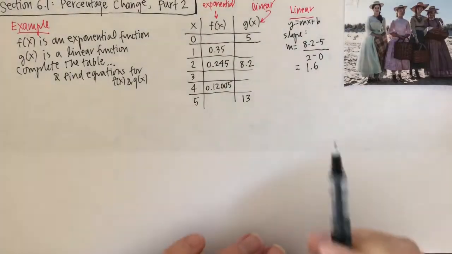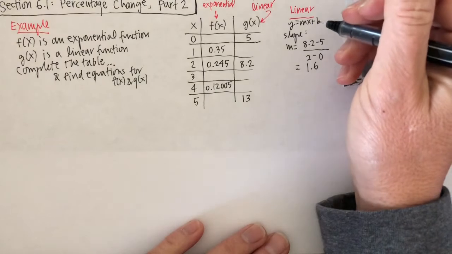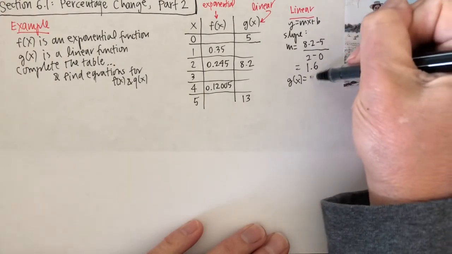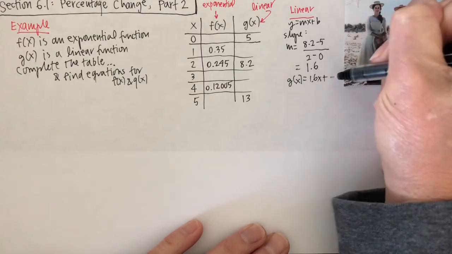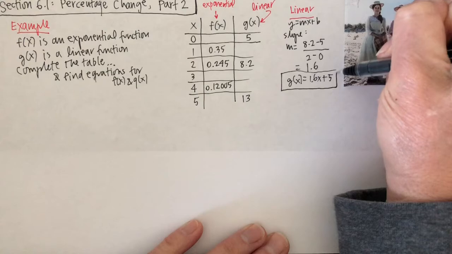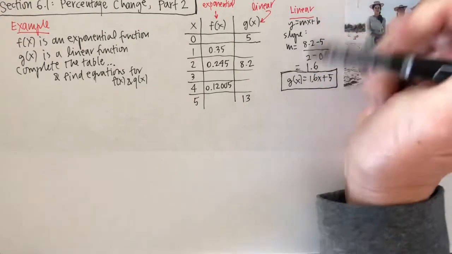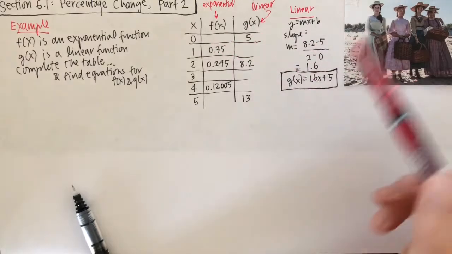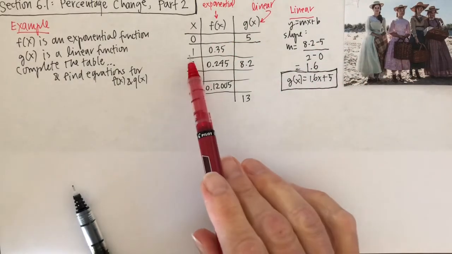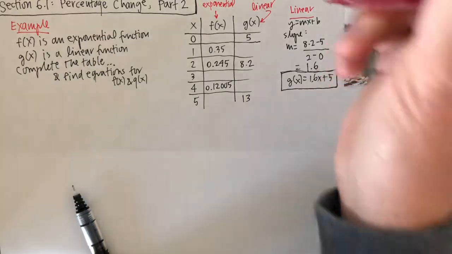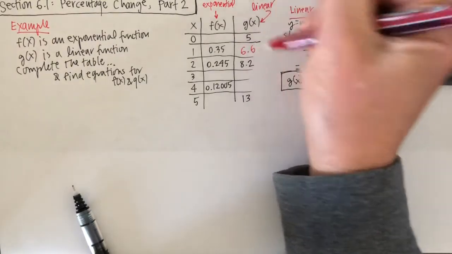Okay, so I know everything I need to know about the linear function. I know that g of x is 1.6x plus 5. And I can use that to fill in the blanks. Essentially, if I plug in 1, so g of 1, that would be 1.6 times 1 plus 5. It's going to be 6.6.